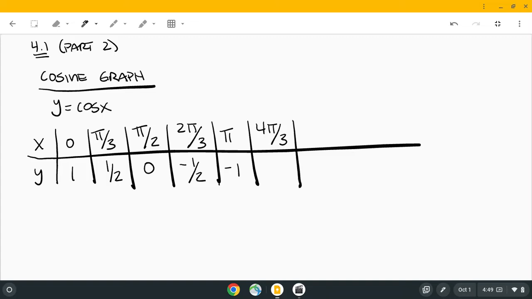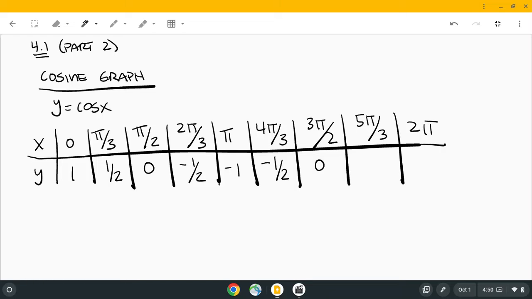Okay, and I am in quadrant 3, so the x values are negative. And then 3 pi/2, that's 270 degrees. And the x values there are 0. And then over here, we have 5 pi/3 next, and then 2 pi. All right, so here I get positive 1/2, and then here I get 1 again.